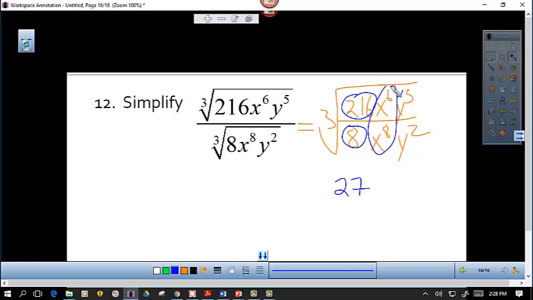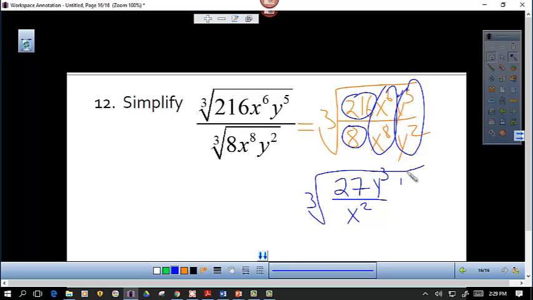This is the main thing that I wanted to do. So x to the 6th, x to the 8th. Remember the subtraction of indices, 8 minus 6, because the 8 is on the bottom. That means you are left with an x squared on the bottom. The 5 and the 2 for y, that means you're left with a y to the 3rd, and then you have this entire index of 3.